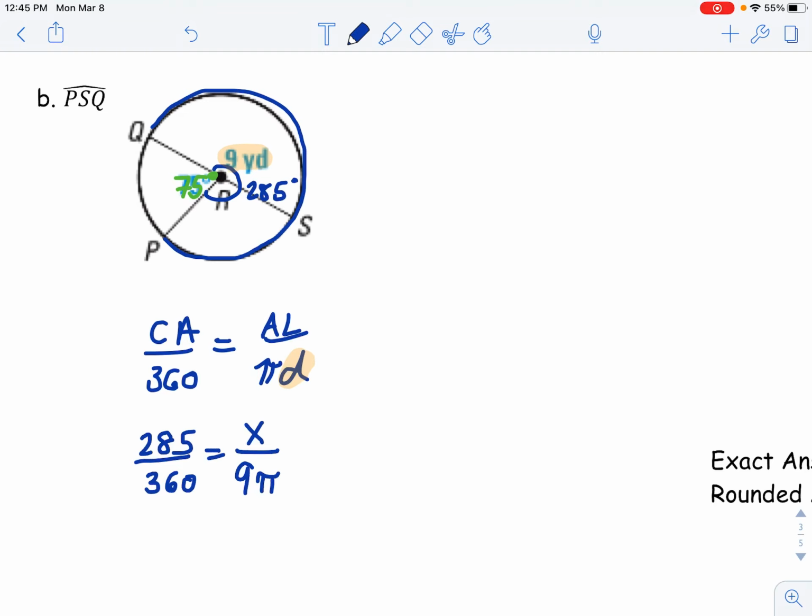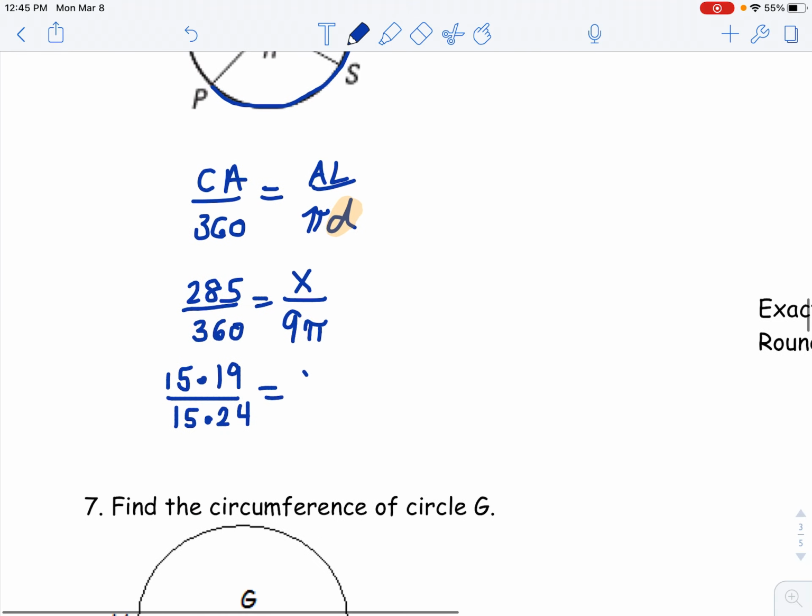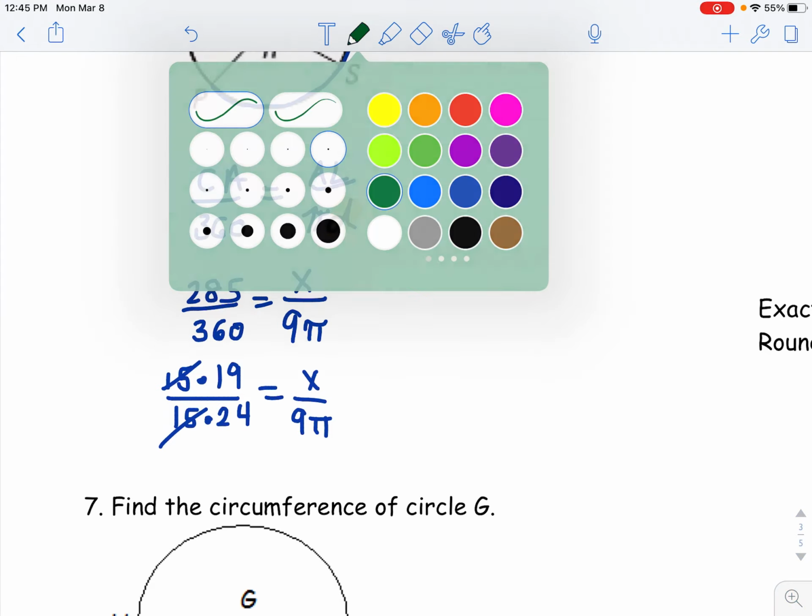However, if you play around with it long enough, you're going to realize 285 is just 15 times 19. And then 360 is 15 times 24. All right, so the largest factor was 15. And those are just going to cancel.